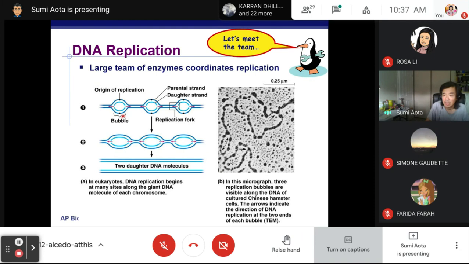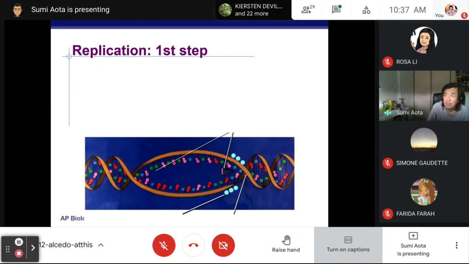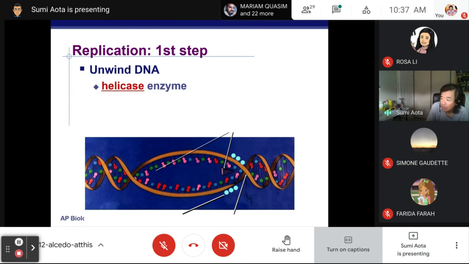So let's meet the enzymes that do this coordination. The first step of replication is splitting the DNA. So we want to unwind it. The enzyme that we use first is an enzyme called helicase, and it unwinds the DNA helix.